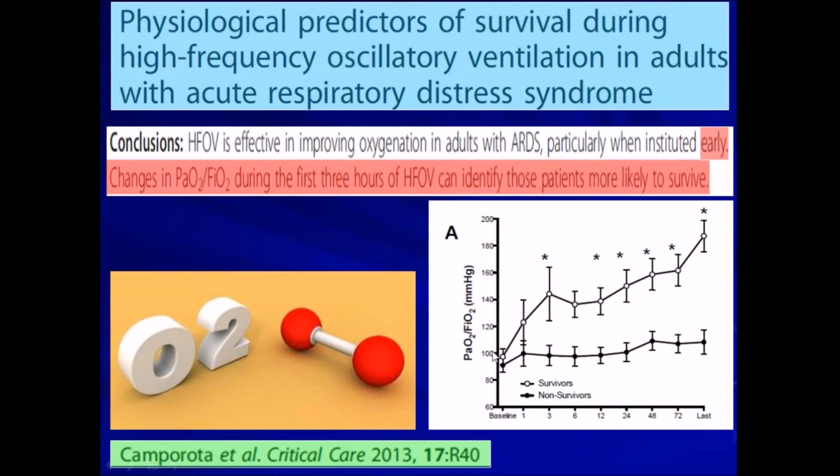So your patient needs high frequency, you change him to high frequency. After 3 hours, you do an ABG for him, and you compare it with the baseline ABG. If his PF ratio increased by around 38, improving PF ratio, that means the patient will continue to improve. If he did not improve, that means his lung is not recruitable, and you may think of another modality of rescue therapy like ECMO if it's available.